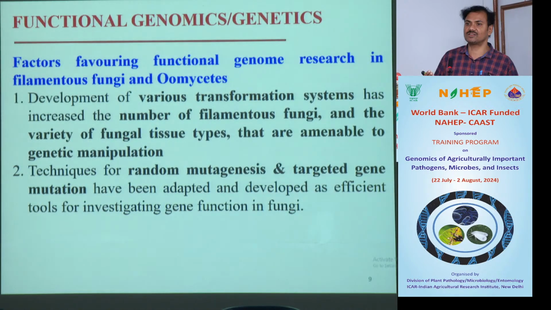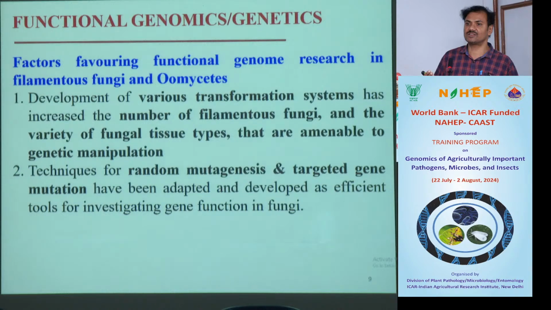There are some functional genomic approaches, which we broadly classify into random mutagenic approach or targeted mutagenic approach. Random mutagenesis means you mutate the host organism randomly, you don't know what the gene is, and once you develop the mutant you have to characterize it to identify the gene.